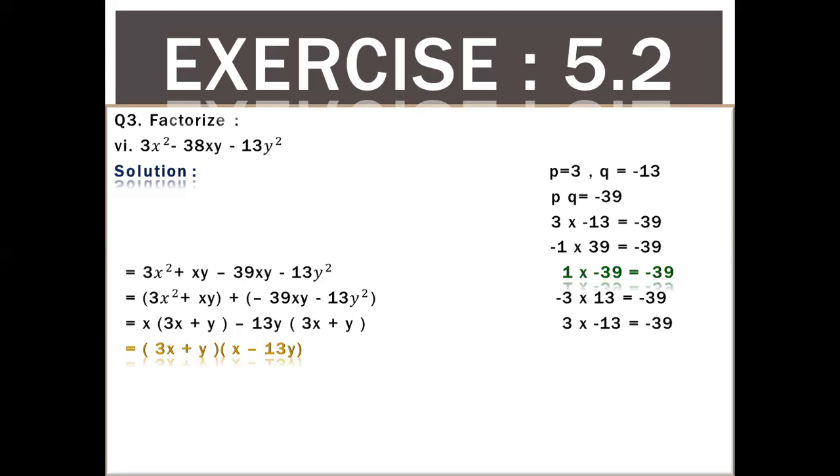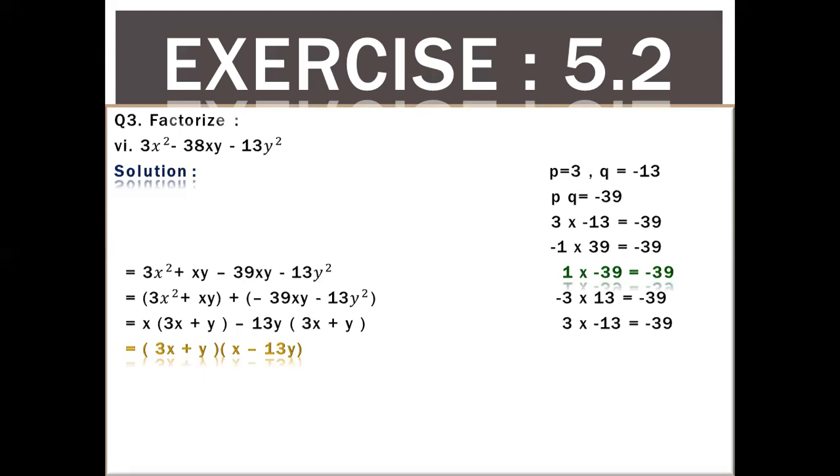Again, I am telling you, when we have a coefficient of x square, always multiply the last term with the coefficient of x square and then find the factors of that product. In our question, the coefficient of x square is 3 and the last term is minus 13. After multiplying, we get minus 39, and now we make the factors of minus 39, not the factors of minus 13.